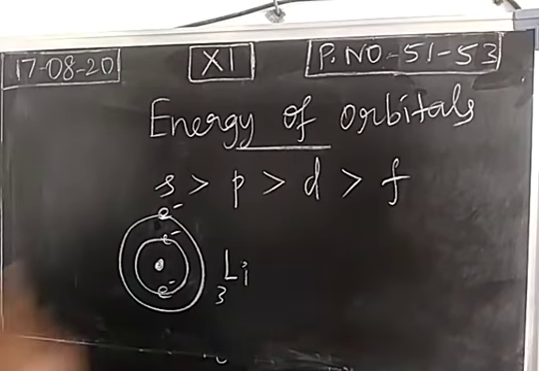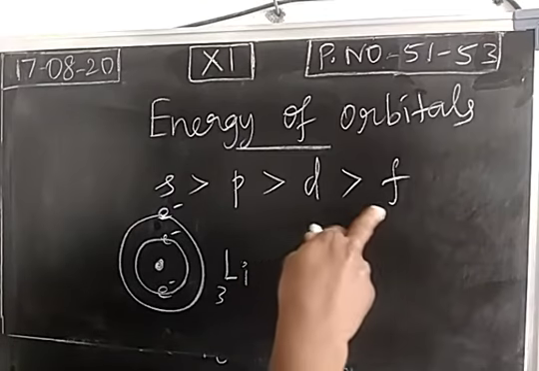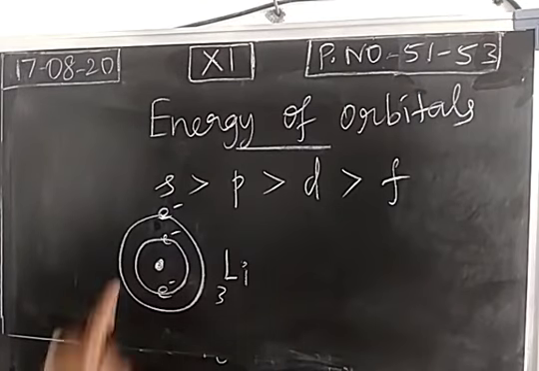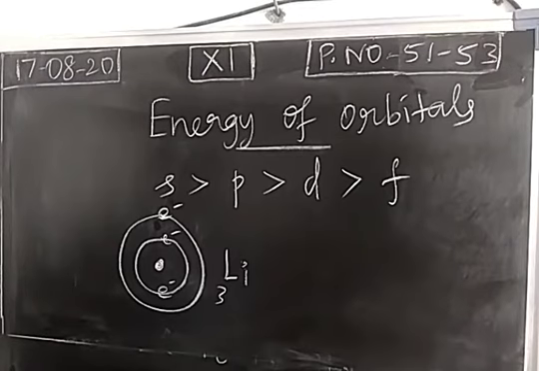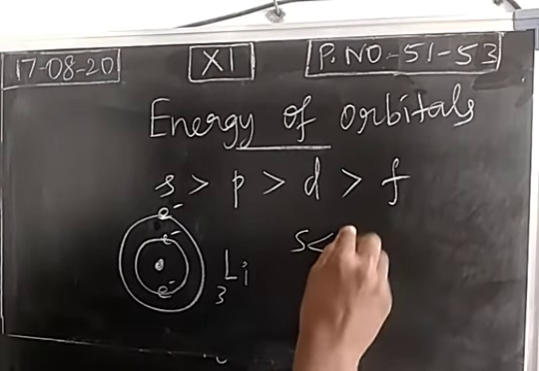At the same time, the p orbital is closer to the nucleus than the d orbital. The d orbital is closer to the nucleus than the f orbital. Based on that, this is the order of effective nuclear charge. Then energy of an orbital is opposite to the effective nuclear charge, right? So the energy of orbitals will be like this.